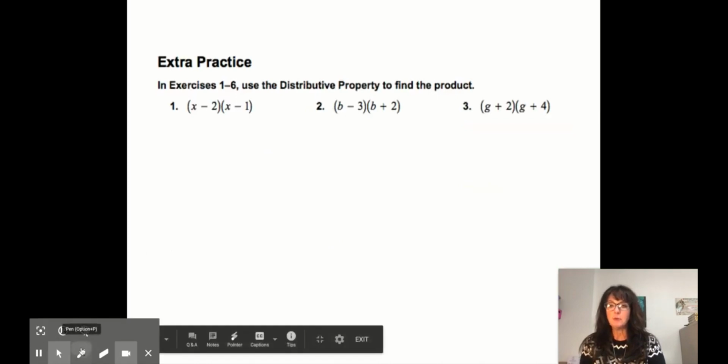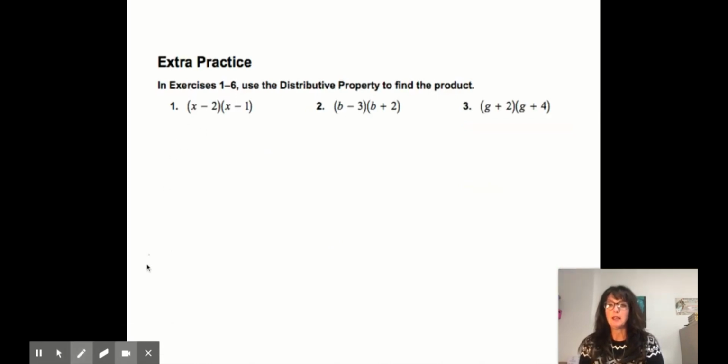So let's look at distributive property. We want to take this x times this x times this 1. Then you're going to take this negative 2 times x and negative 2 times negative 1. So to write that out, and then we have this negative 2 times, so notice we're adding the products that we get together, even though this is a negative 2, but I'm keeping the sign, that negative, with it so that you know that you're distributing a negative 2 to these.